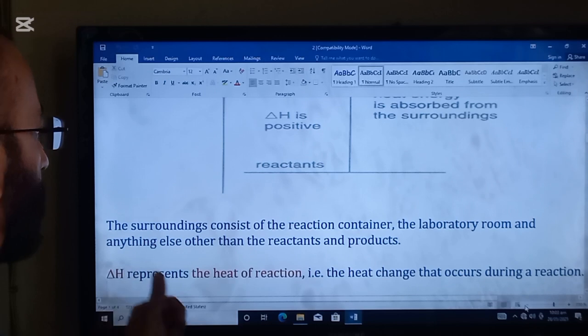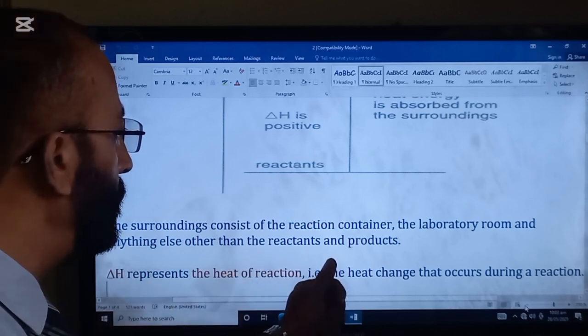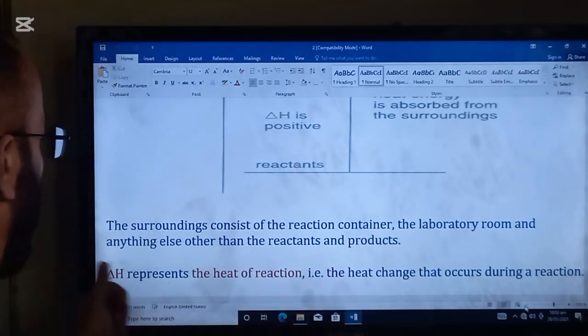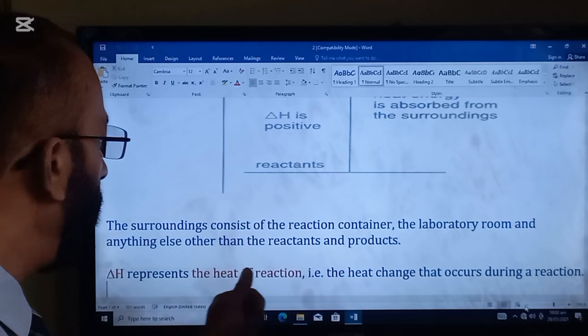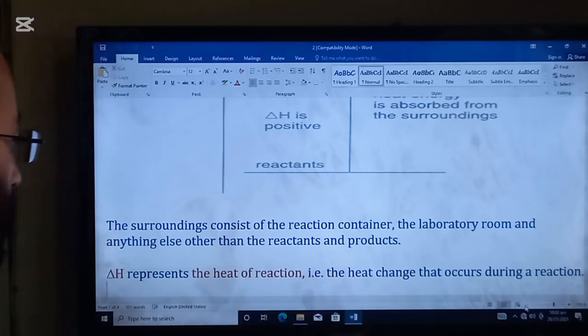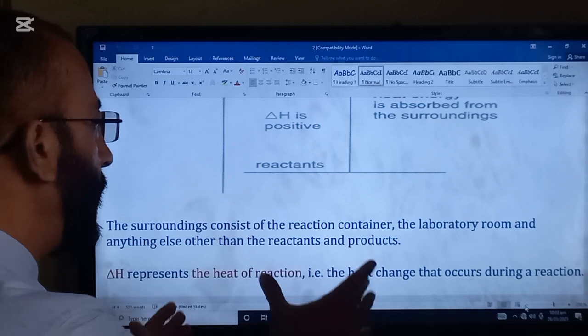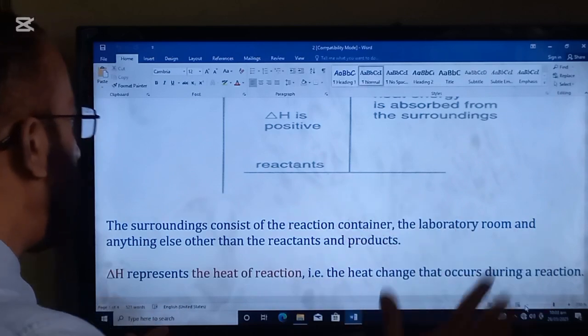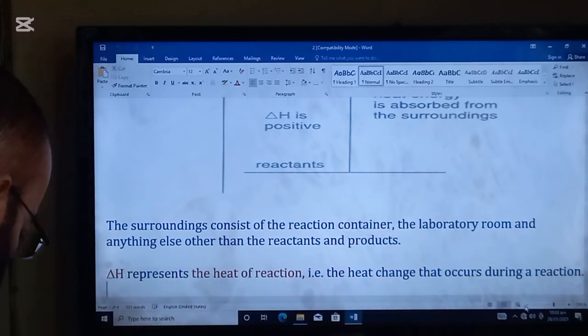The surroundings consist of the reaction container, the laboratory room, and anything else other than the reactants and the products. So in short, other than the reactants and products, everything is called surroundings.